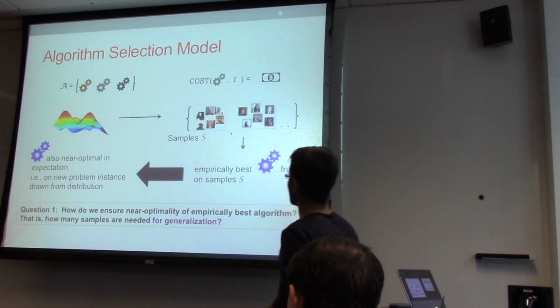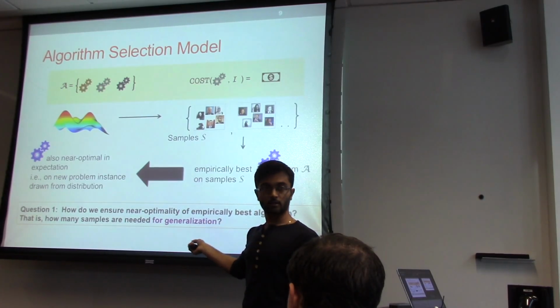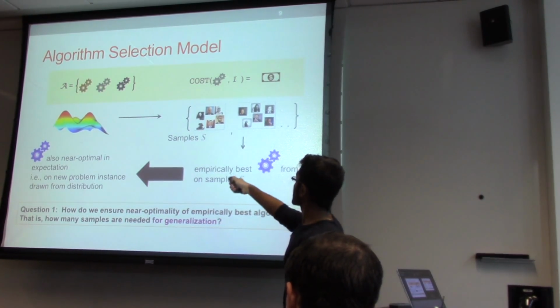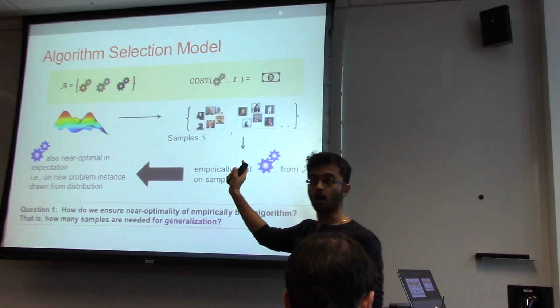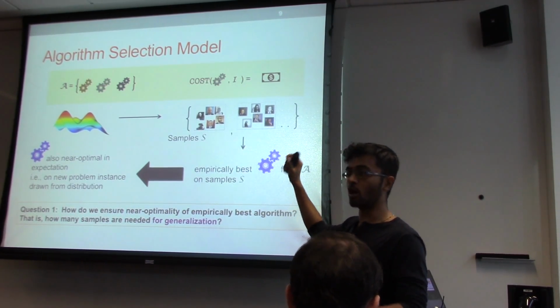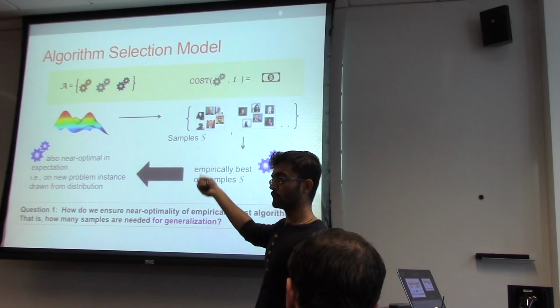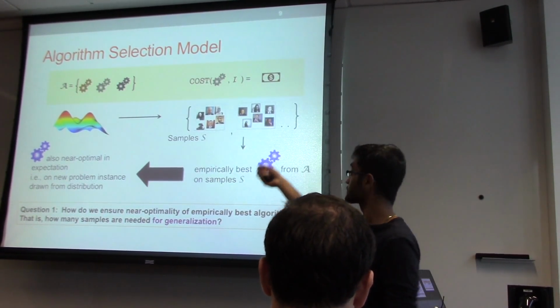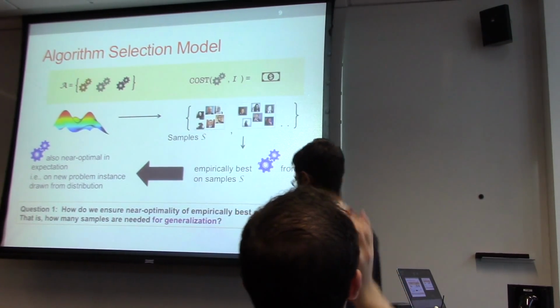More precisely, we will see how this sample complexity is linked to the family of algorithms and the cost function. In fact, it's linked to how complex these two things are, and learning theory will help us define a notion of complexity for these two objects, and then it will help us link it to the sample complexity.